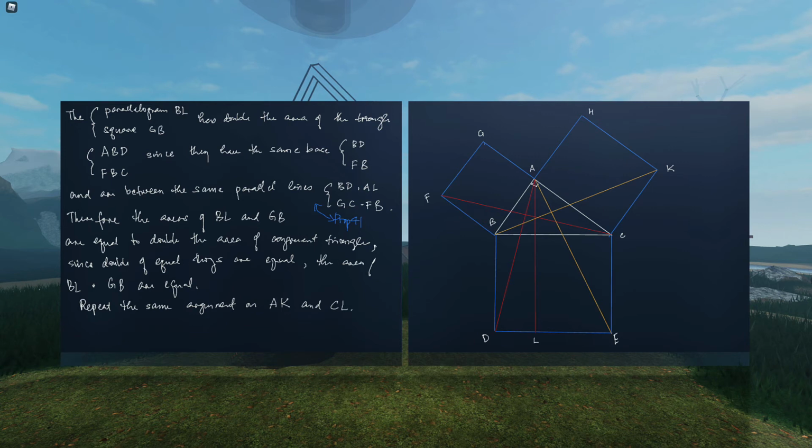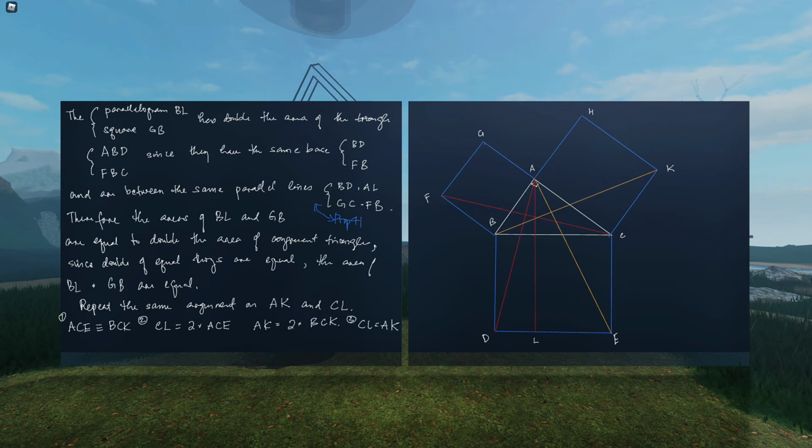So what we're going to be doing is: ACE is BCK. So 1, 2, CL is equal to 2 times ACE. These are areas now. And AK is equal to 2 times BCK, and so 3, we conclude that CL is equal to AK.